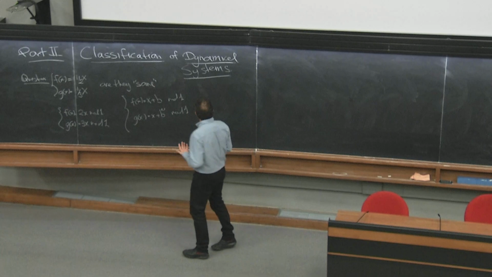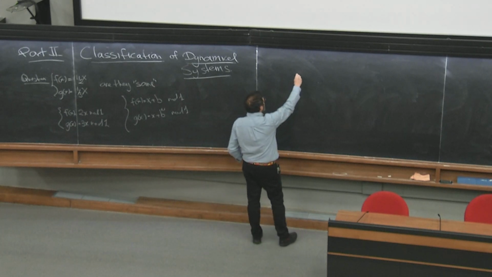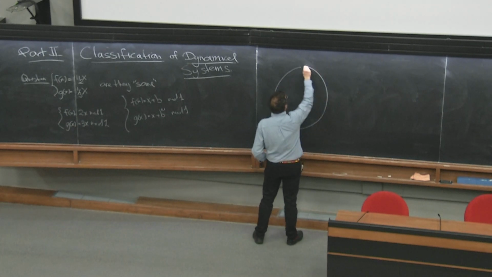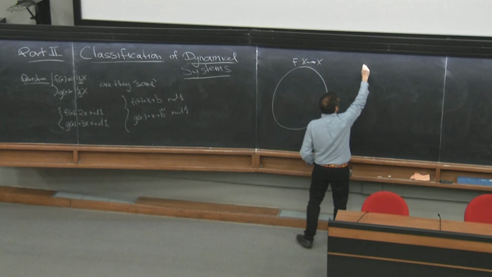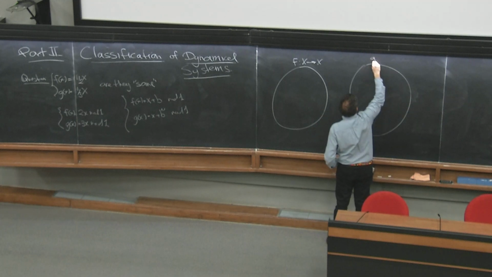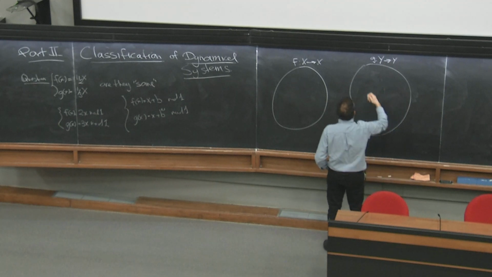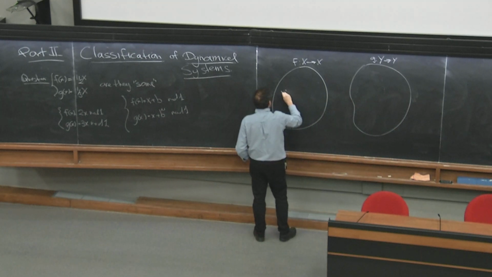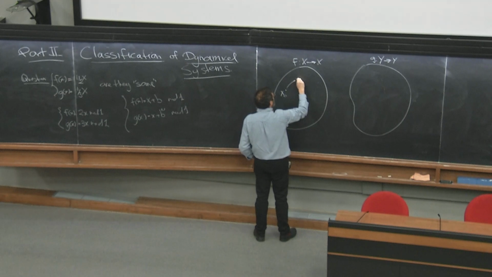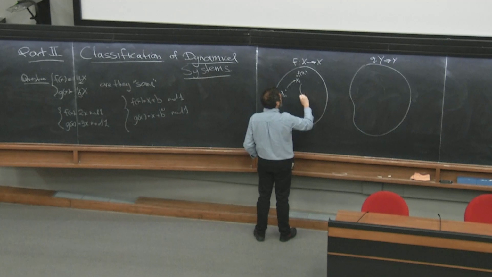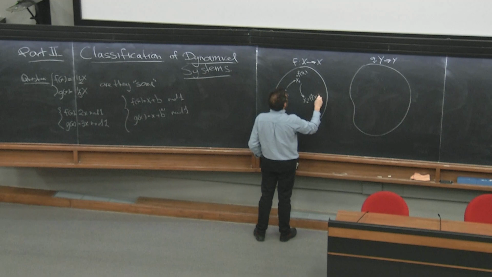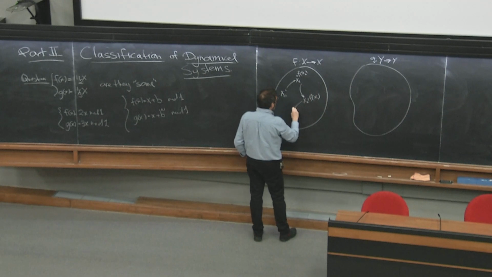So intuitively, in an abstract setting, suppose we have two dynamical systems. We have a map F from X to X, and we have a map G from Y to Y. Here you take some initial condition x0 and you map it by f, so this is f of x0, this is x1, this is x2, and so on.